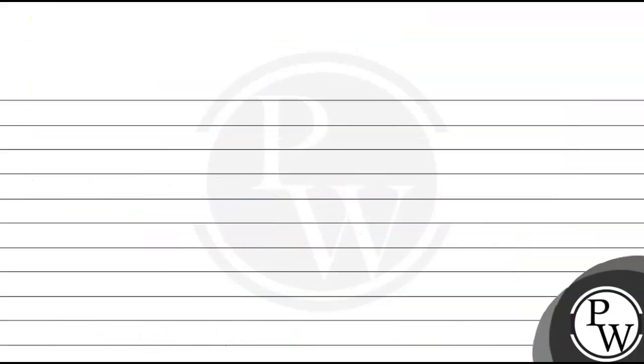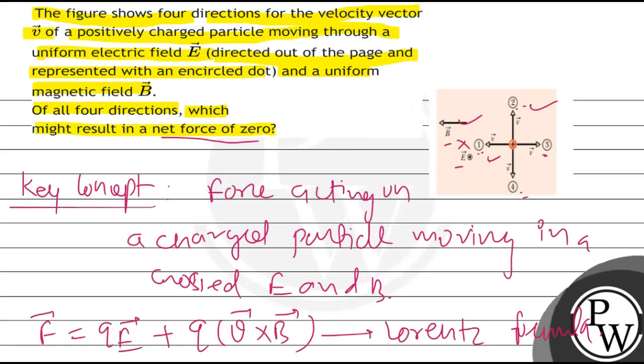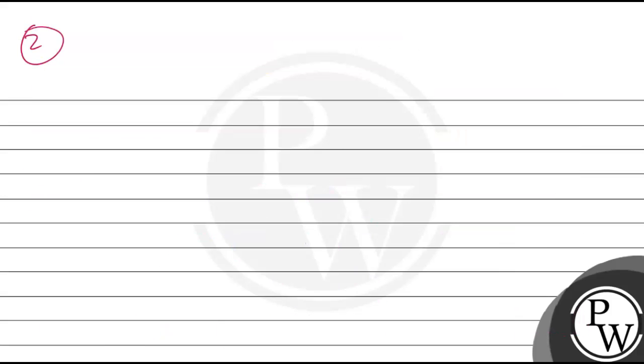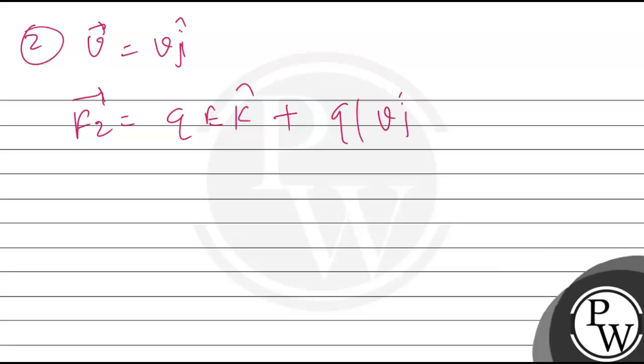Now let us take case 2. This is case 2 where the velocity is in positive j cap direction. Velocity vector is equal to V j cap. Now let us write the force in this case. F2 vector is equal to QE k cap plus Q into velocity vector V j cap cross the magnetic field vector minus B i cap. j cross i is equal to minus k cap direction.